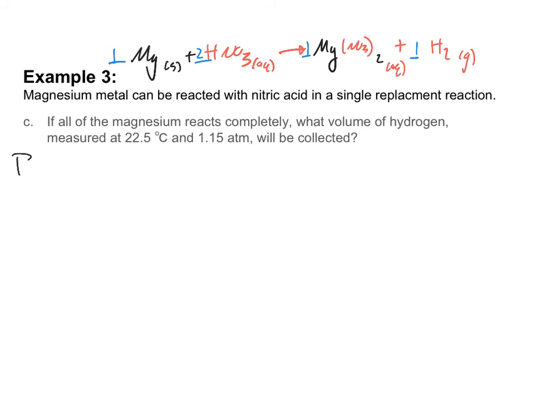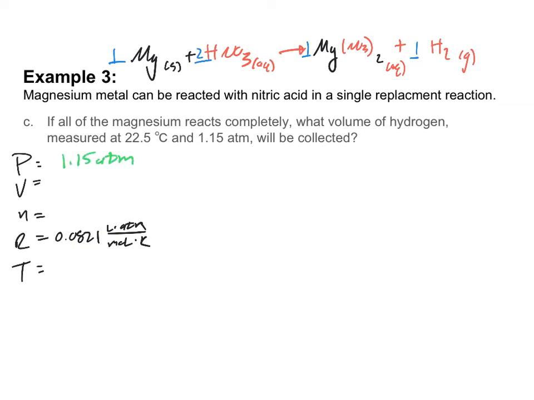So we had PV equals nRT. Now, there's a couple of things that we know for sure here. We know that R is always 0.0821 liters ATM moles Kelvin. We're given our pressure here, which is 1.15 ATM.